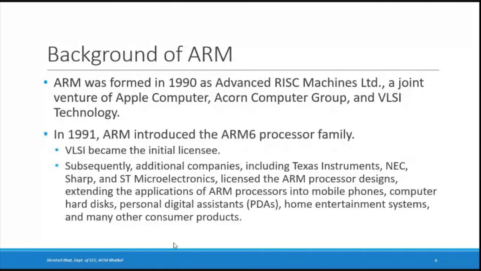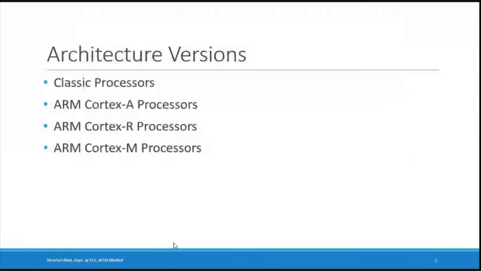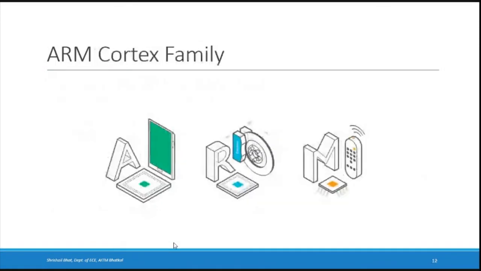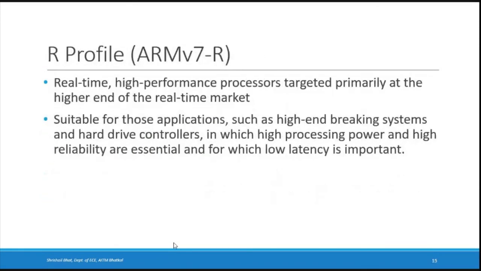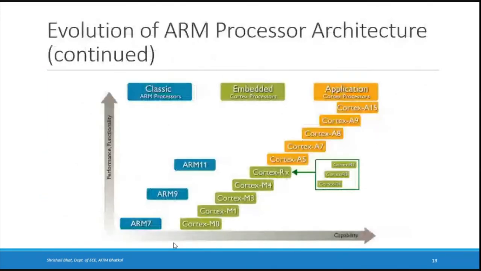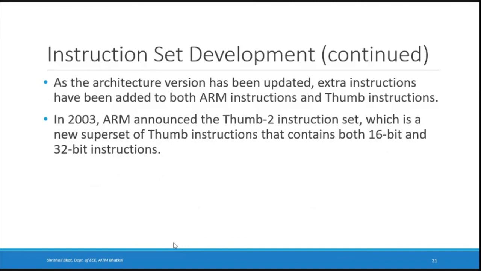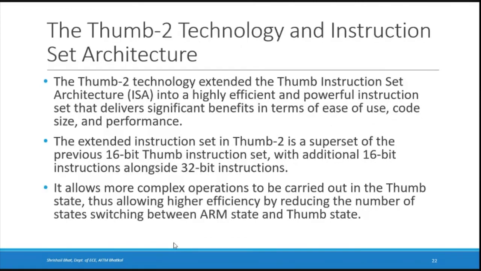We just saw what ARM is, what the different versions of the architecture are, the classic processors and the Cortex processors, how they have evolved and how the performance has increased, and the basics of the ARM Cortex-M series of processors, that is the instruction sets, which has two types: the ARM instruction set and the Thumb instruction set.